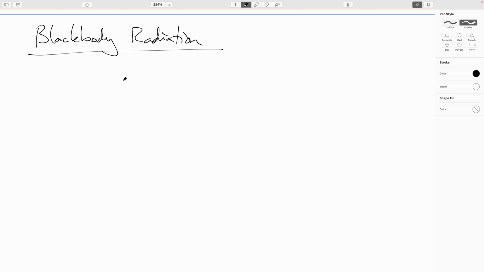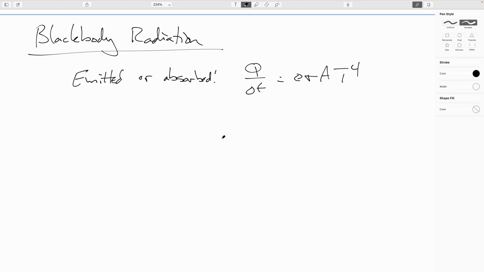And so all I can do right now is just state that the rate at which energy is emitted or absorbed, Q over delta T, is equal to E sigma A T to the 4. This is the Stefan Boltzmann law.